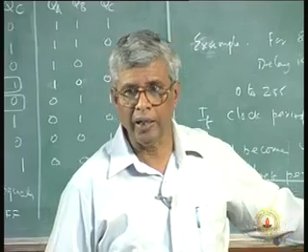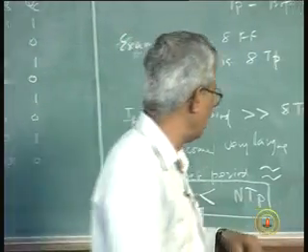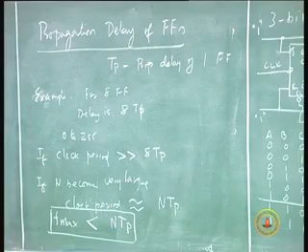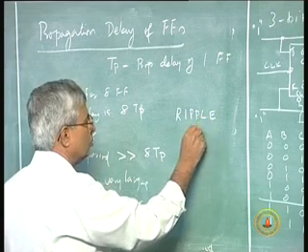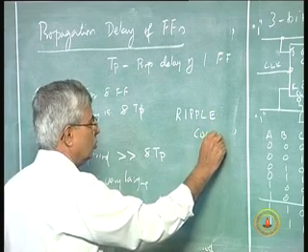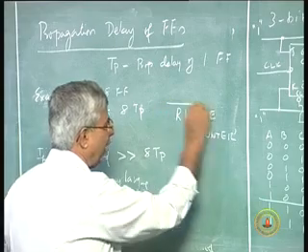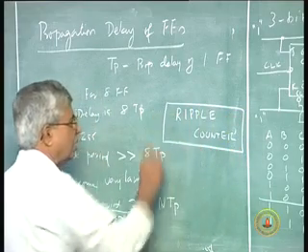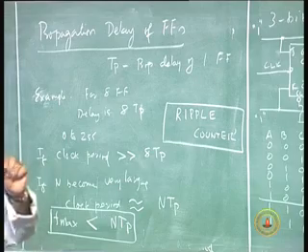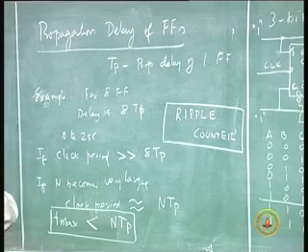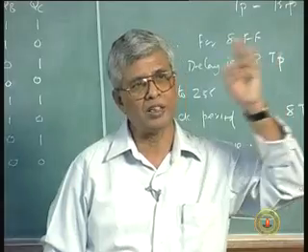So, this counter, which is called a ripple counter, suffers from the fact that the clock has to ripple through the flip flops. Each flip flop clock is the output of the previous flip flop.